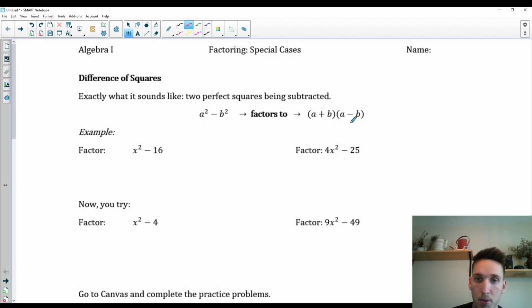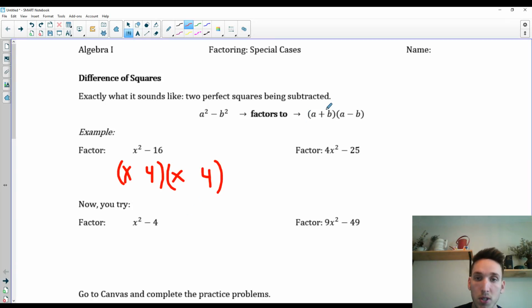Like we saw up here, whenever we have a difference of squares, that's going to factor into a binomial times a binomial, right? And we're going to take the square root of each one of these terms. The square root of x squared is x. The square root of 16 is 4. We're going to put one of those in each.